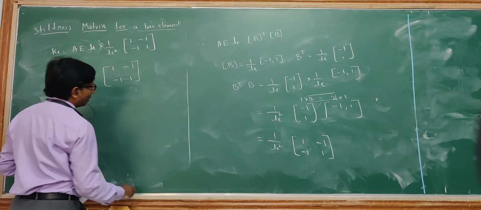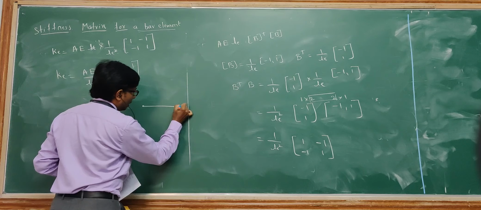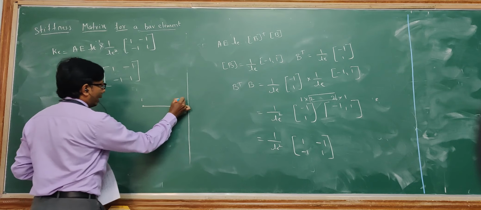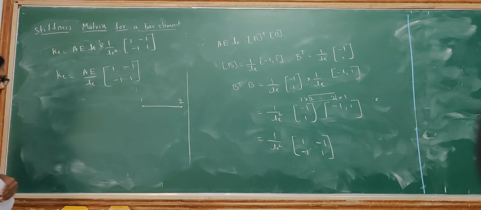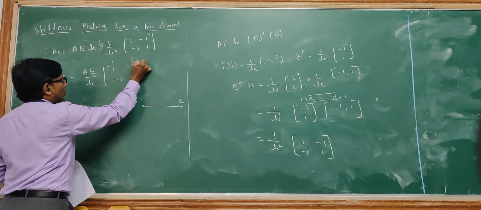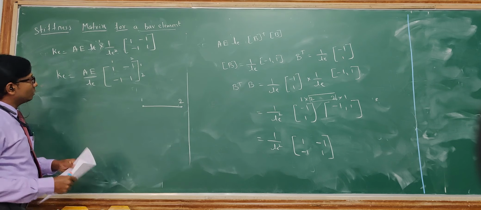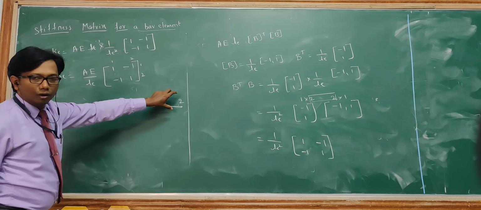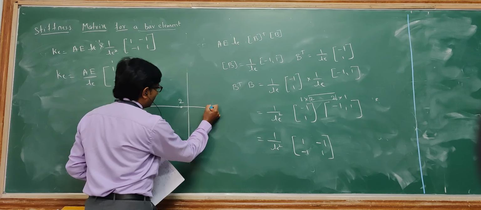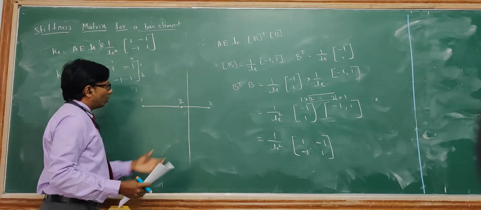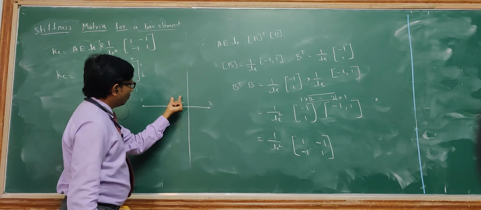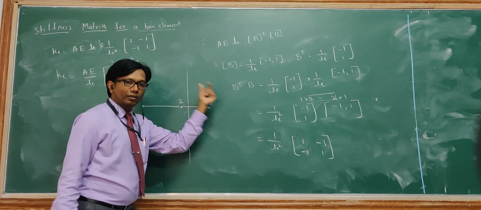For example, if I see an element here which has two nodes, 1 and 2, the stiffness matrix numbering will be 1 2, 1 2. So this stiffness matrix is totally related to a particular element. If you get one more element like this, you have to derive one more matrix, which will give the relationship between the second node and the third node.